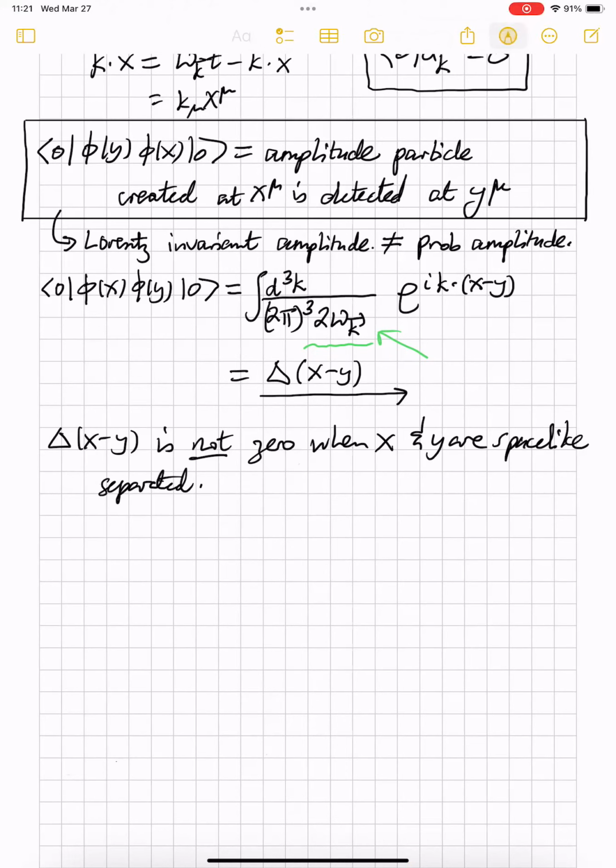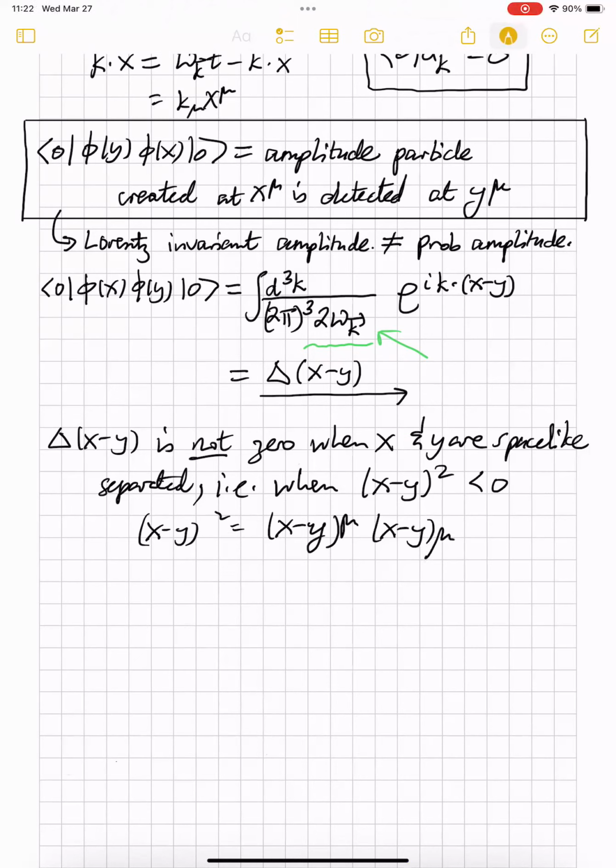And what's another way to say that x and y are space-like separated? Well, you shouldn't even blink. It's when x minus y squared is less than 0. And by that x minus y squared, I mean x minus y mu contracted with x minus y mu. These are all equivalent ways to say it.